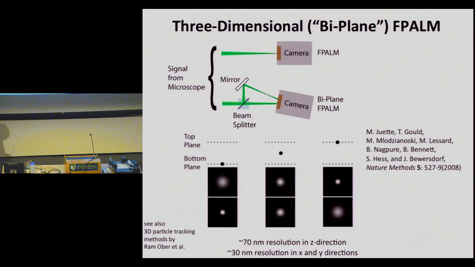And also, I showed lots of two-dimensional examples, but we do have a three-dimensional version of FPALM. And this takes the standard detection path and modifies it to split it in half. So this is just a 50-50 beam splitter. The transmitted light just goes straight through to the camera. The other half of it goes to a mirror and ends up on a longer path to the camera.